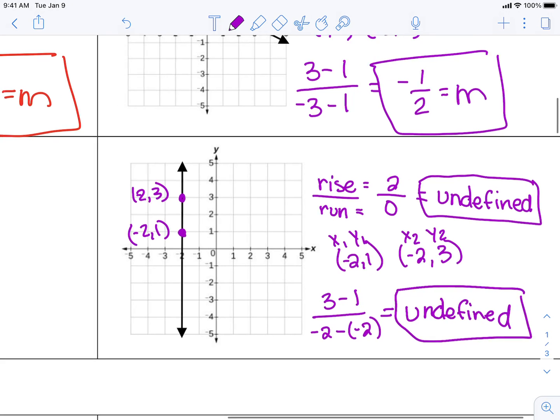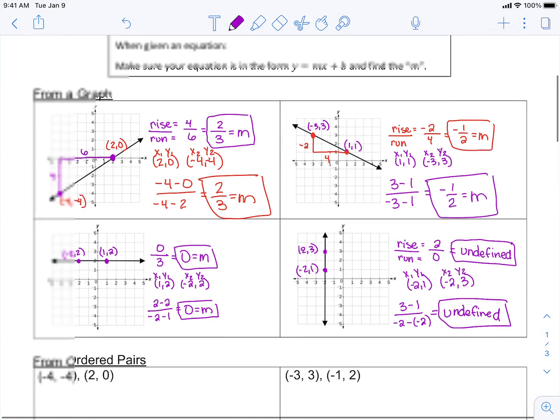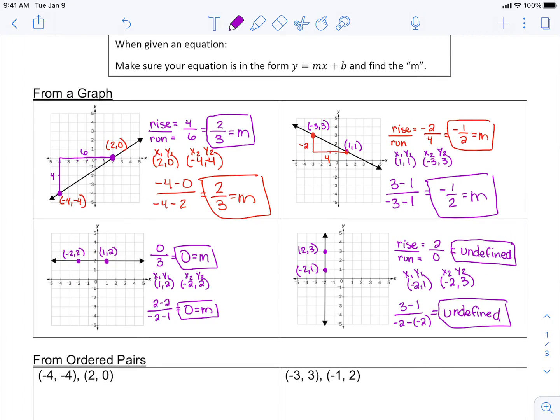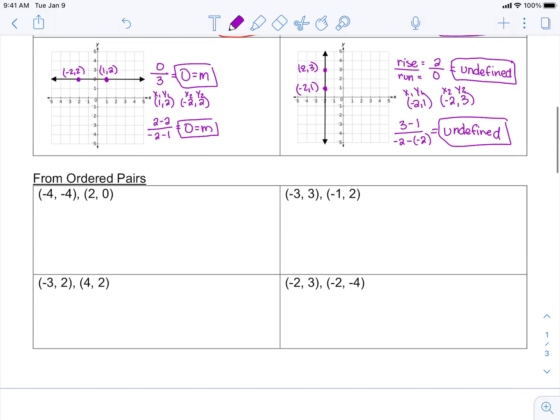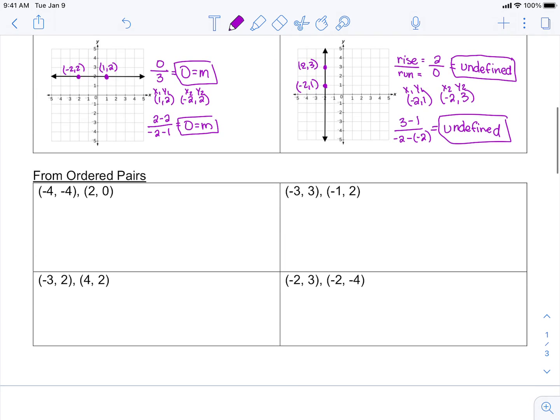Perfect. So there's 4 examples of finding the slope from a graph. And I showed you rise over run, and I also showed you using the slope formula. Now, when we have ordered pairs, all you have to do here is use the slope formula. Now, it may be helpful for you to write this in the form of a table.